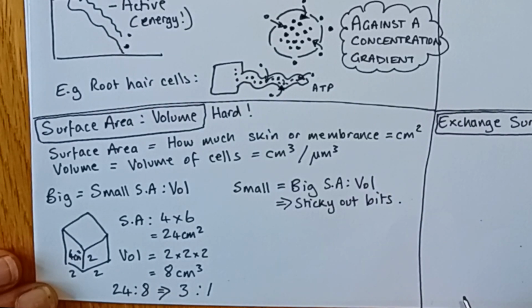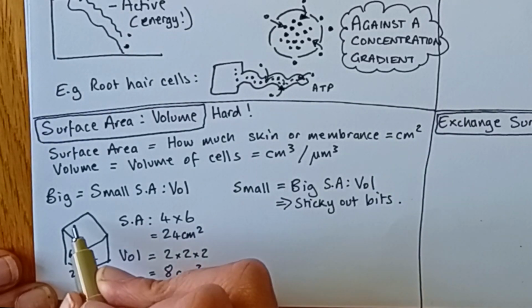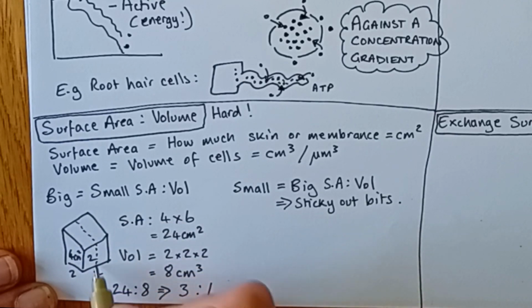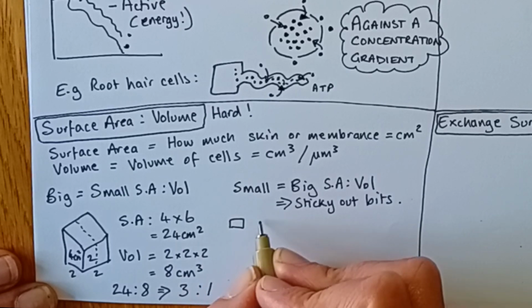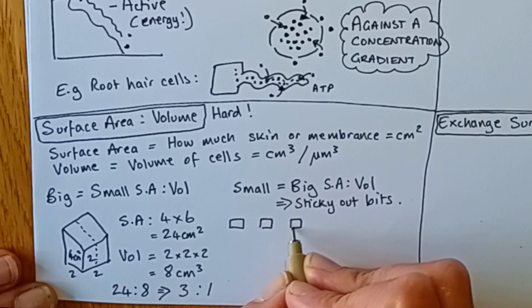Here's how this works then. If we cut this up, instead of having 1 8 centimetre cube, we had 8 separate 1 centimetre ones.